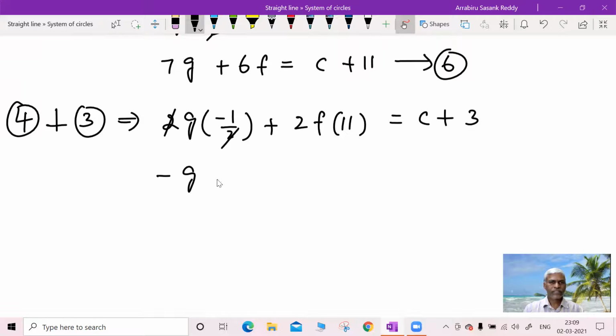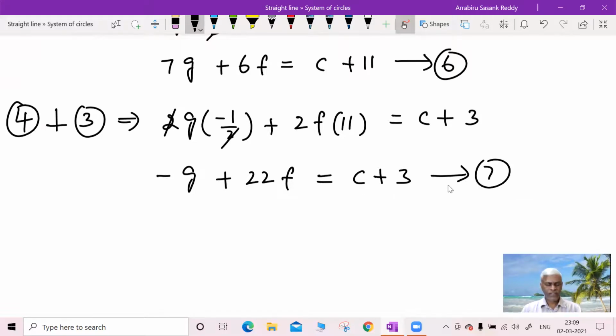This is minus G plus 22F is equal to C plus 3. Let it be equation 7. Now from 5, 6, 7, eliminating C and then solving them, we get G, F values.